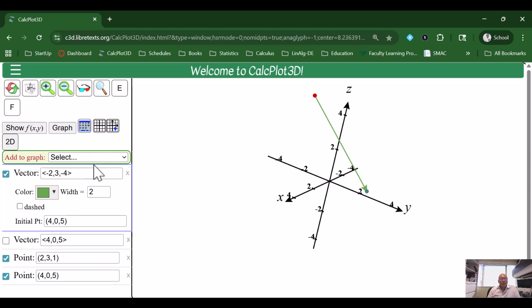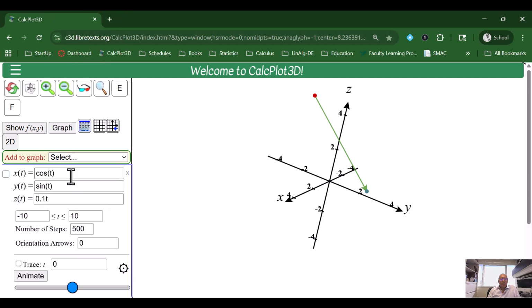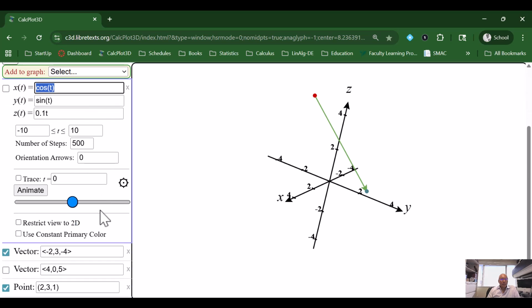Okay, now let's actually draw the line, and for that, this requires what's called a space curve. I know it's a line, but technically it's also a curve. And if I want my point P, it is 4, 0, and 5, right? But if I look at my parametric equations, I have to add t times the direction vector.